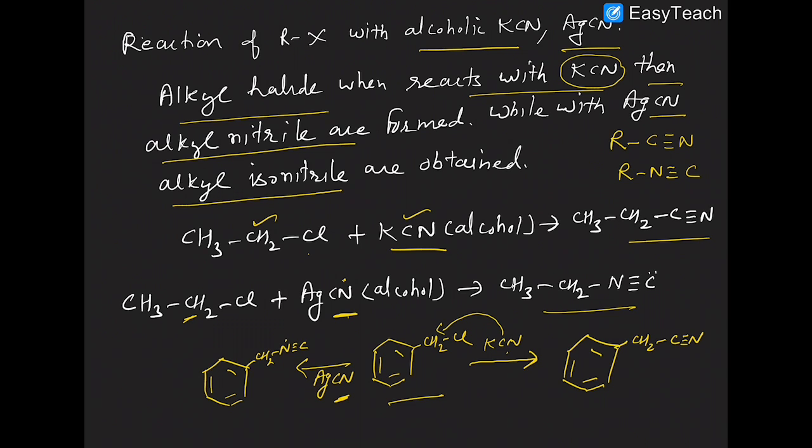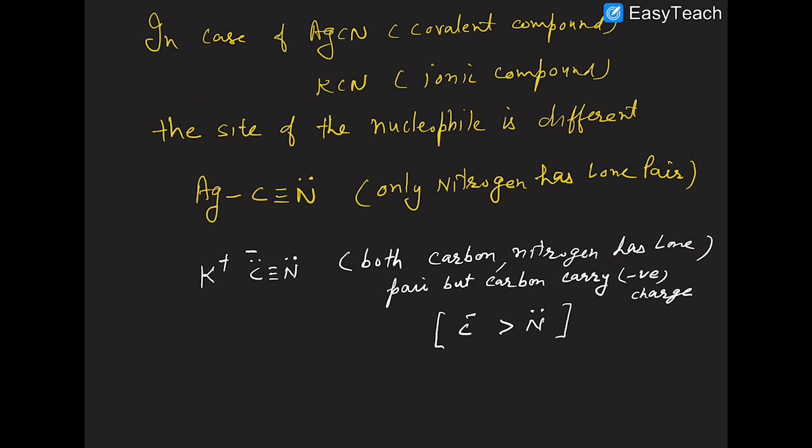Look at this question very carefully. The reason is that AgCN is a covalent compound and KCN is an ionic compound. Okay, and all of you know that cyanide is an ambident nucleophile. It can attack through two different atoms.